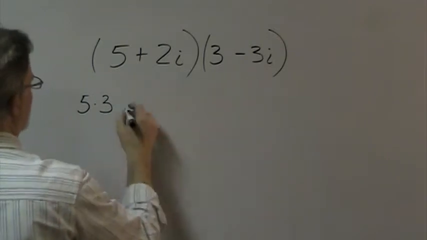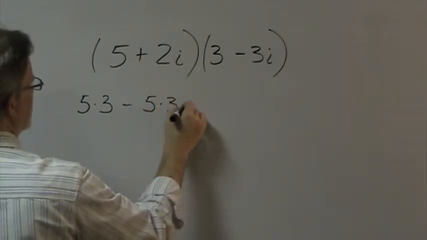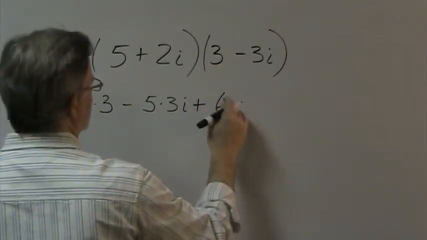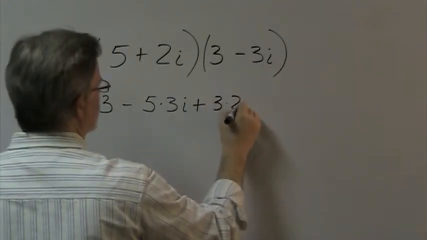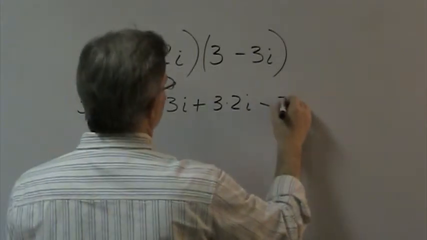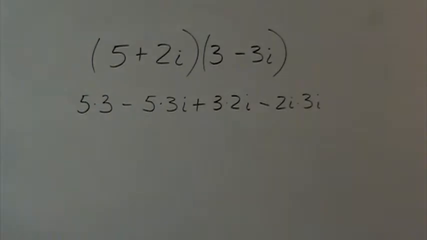The outer term is a -5 times 3i. The inner term is a positive 6. Well, let's not skip a step: a positive 3 times 2i. And then the last term is a -2i times 3i. Very interesting.